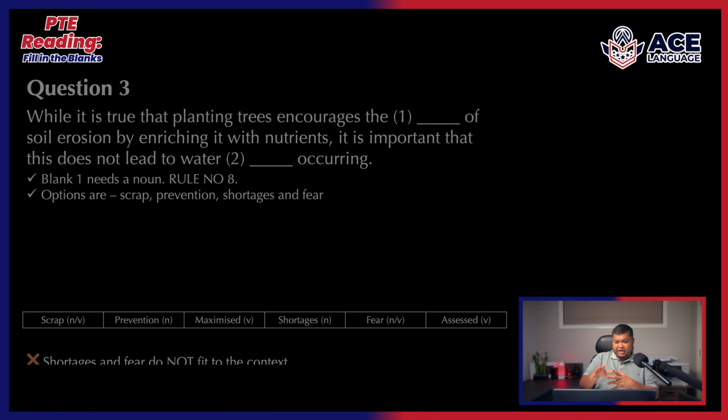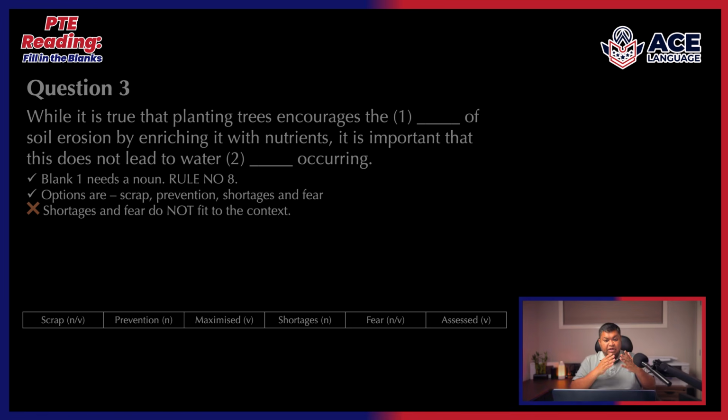If you think about it, shortages cannot be here. I cannot encourage the shortage of soil erosion because I'm planting trees, guys. You can create a shortage or you can be within a shortage, but you cannot encourage the shortage.